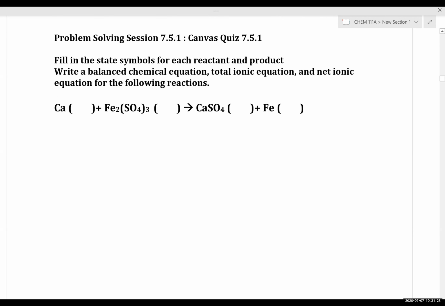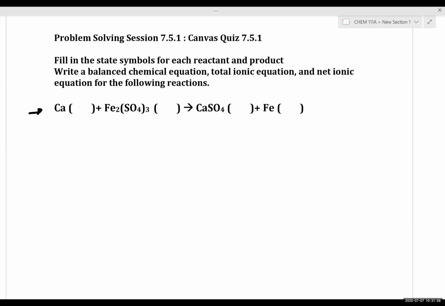So I'd like you to take a look at the following chemical equation. As you notice, when we go through each of these examples, we are doing essentially a survey of all the different types of reactions that you're going to encounter throughout this class and in future chemistry classes.